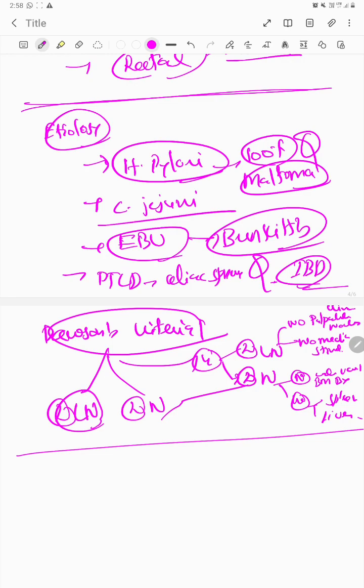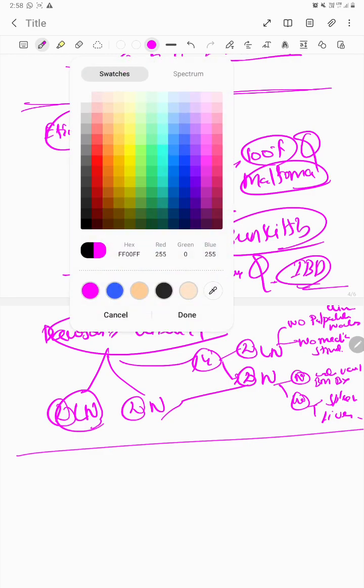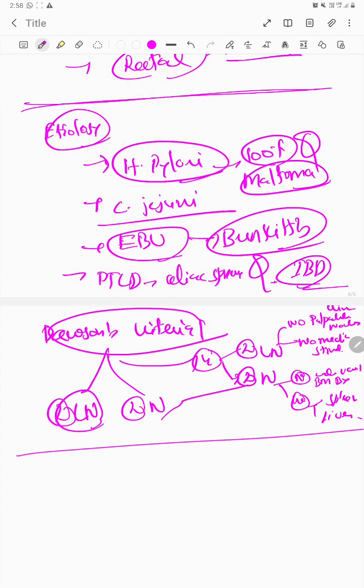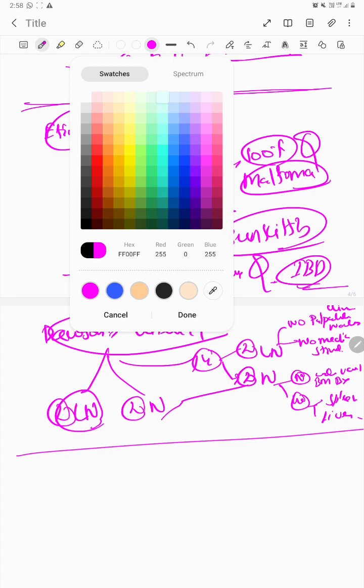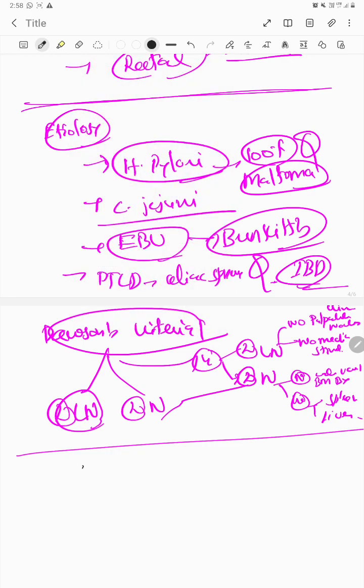Moving on to the staging. Staging basically involves CT, CECT and PET-CT.